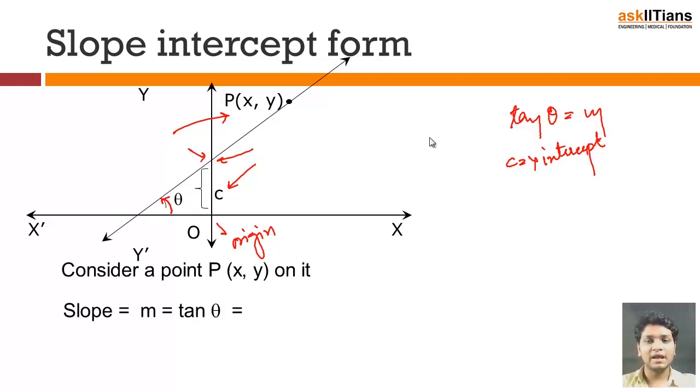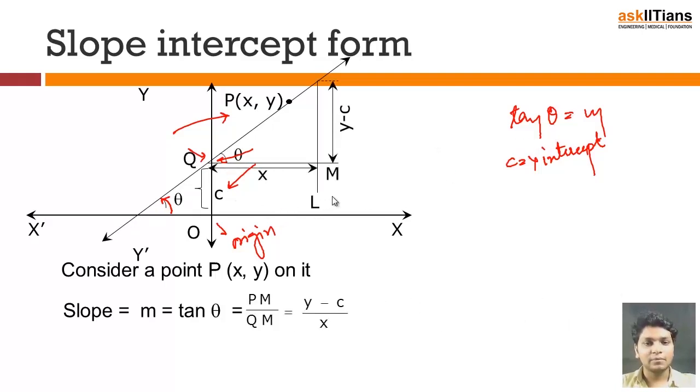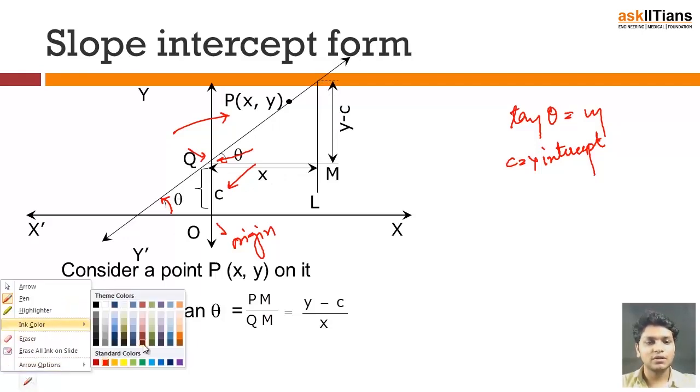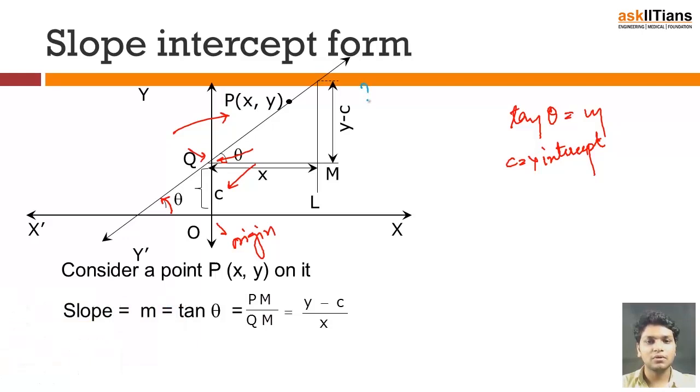The slope of the line as described above is tan theta, and tan theta can be written as the vertical motion in the y direction upon the horizontal motion in the x direction. As you can see, the vertical motion is nothing but the y minus c part, because this is the y-intercept, and this we are taking from the origin itself, so this will remain x.